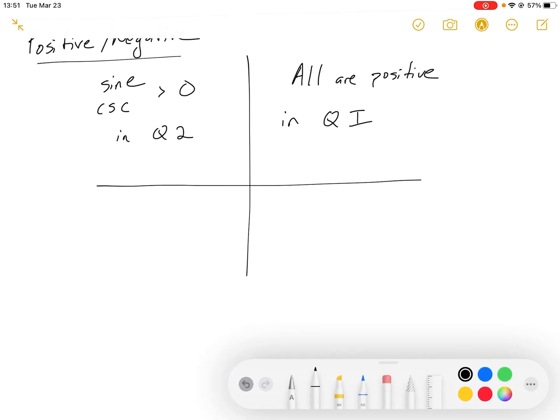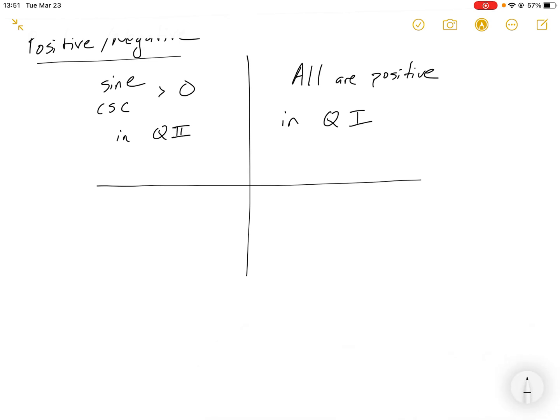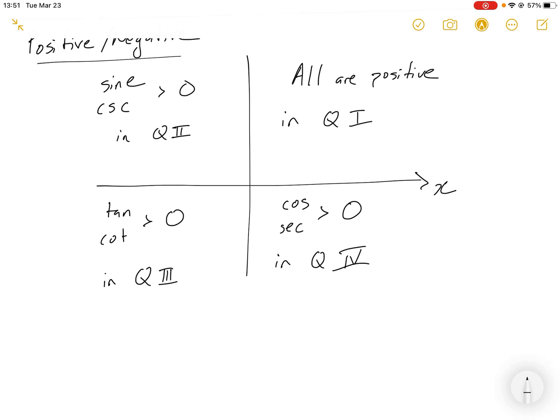In quadrant 3, only tangent and cotangent are going to be positive. And then finally, in quadrant 4, only cosine and its reciprocal, secant, are positive.